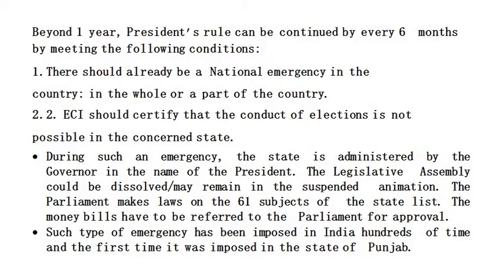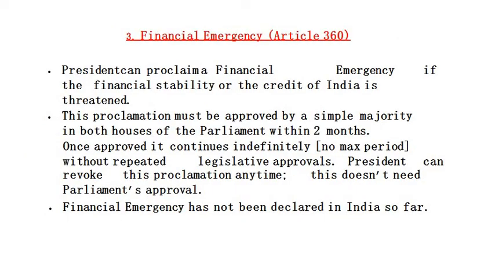Then comes Article 360, the financial emergency. It has never happened in India, so I don't think that it is a very big topic, but the President can proclaim the financial emergency if the financial stability or credit of India is threatened.